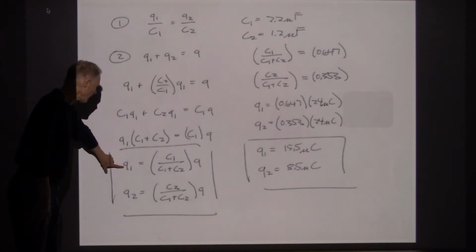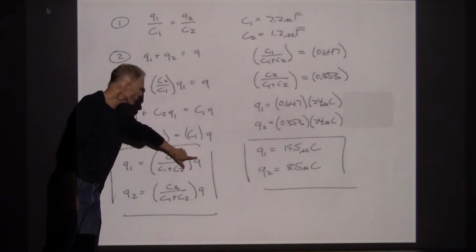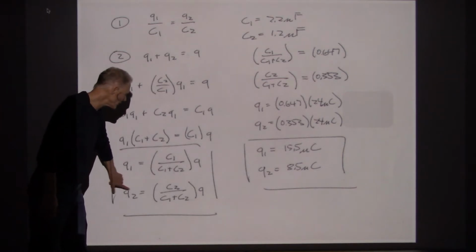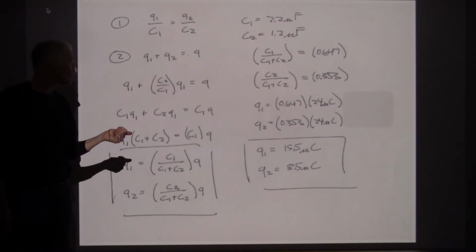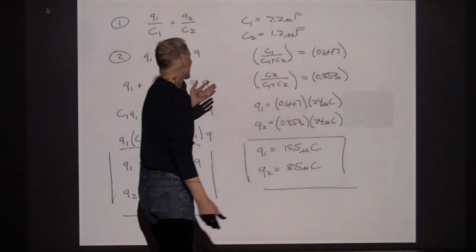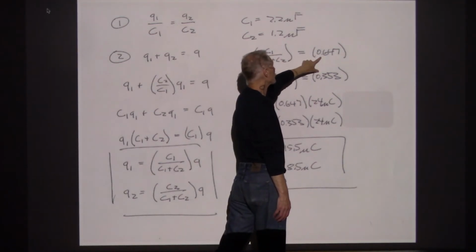But in any case, what it's telling me is that capacitor 1 will end up with this portion of the total available charge, and capacitor 2 will end up with this portion. So C1 over C1 plus C2 compared with C2 over C1 plus C2, I can solve for those. Capacitor 1 will end up with 0.647.